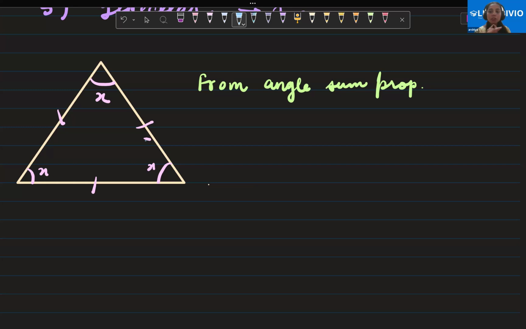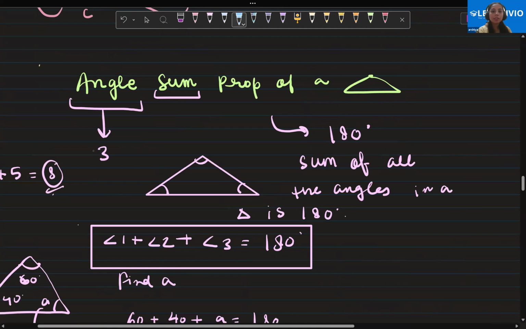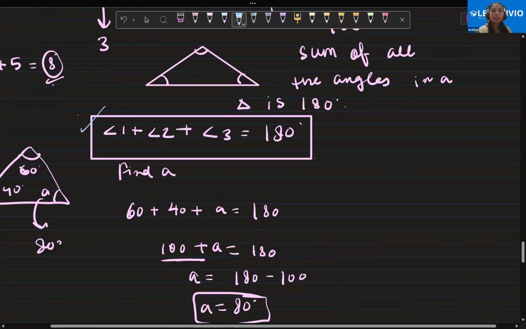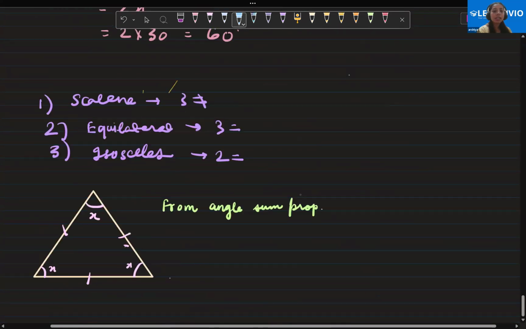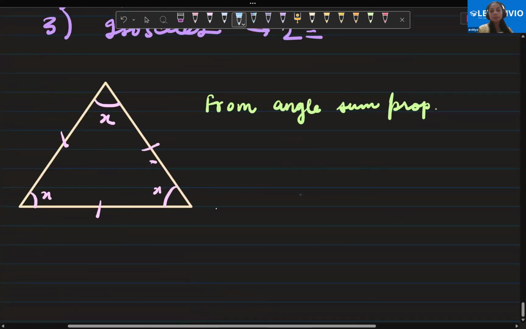I made a box also. The sum of the three angles is 180 degrees. Revise after the class. I won't be repeating again and again if you guys are not revising.